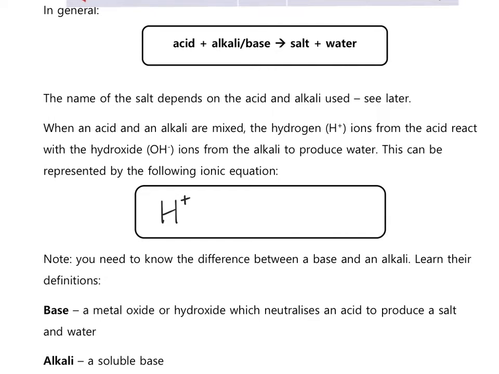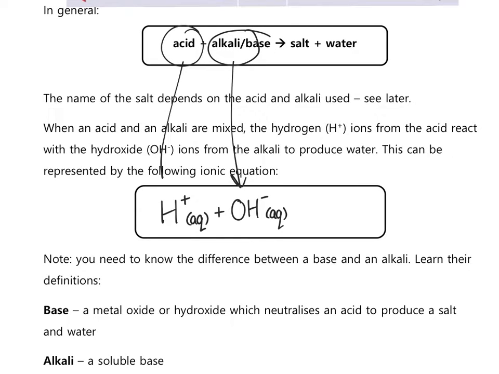They're dissolved in water, so we give them the state symbol AQ. We said that all alkalis dissolve in water to give us hydroxide ions, OH minus, again with the state symbol of AQ. So in neutralization, we're reacting an acid with an alkali.